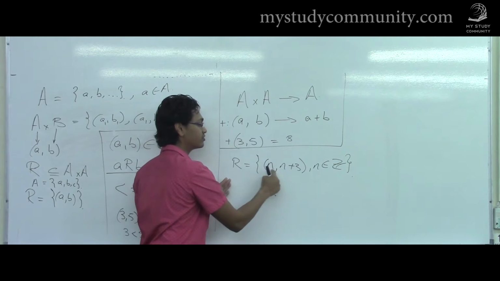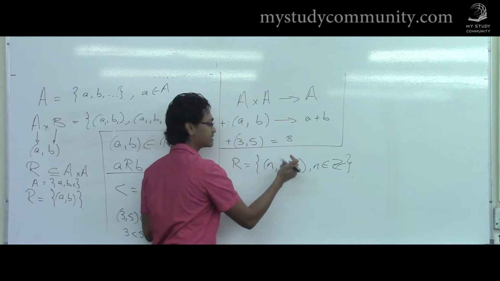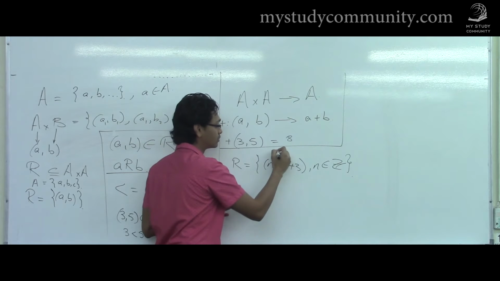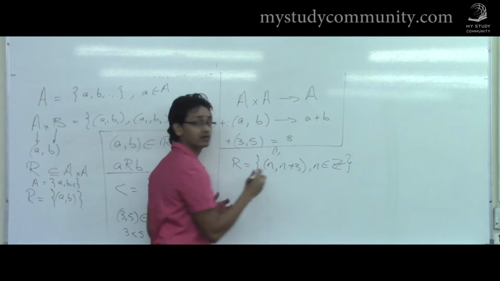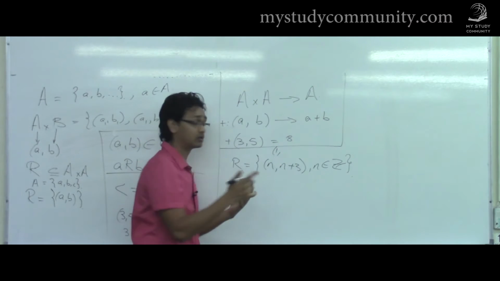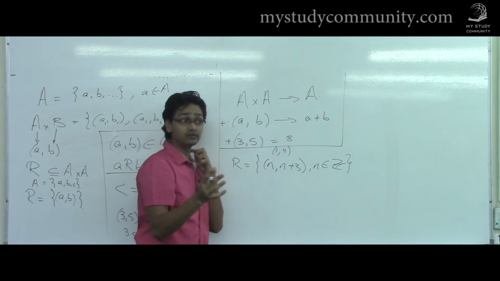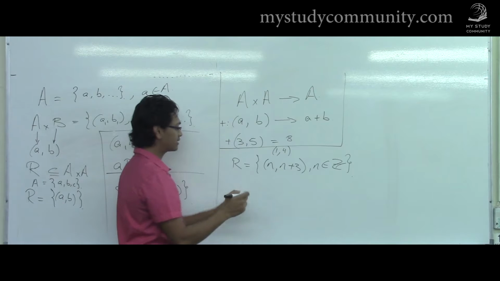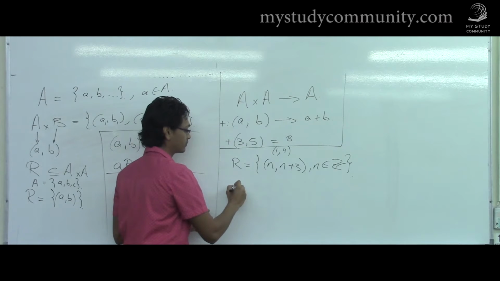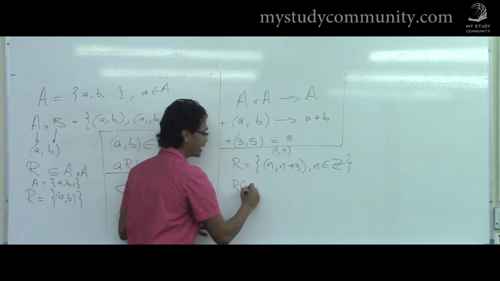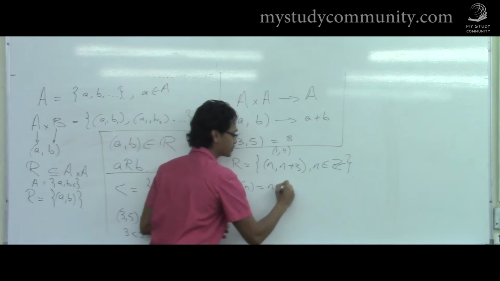So could somebody give me an element here? If n is 1, what would this next element be? 4. Everybody's okay with this? So then we say, okay, we understand this. Now we can write R(n) = n plus 3.